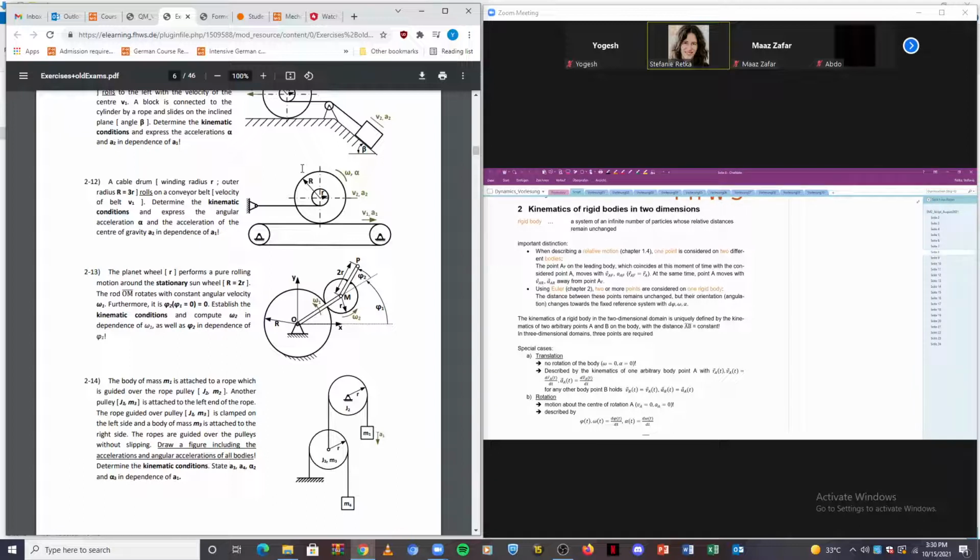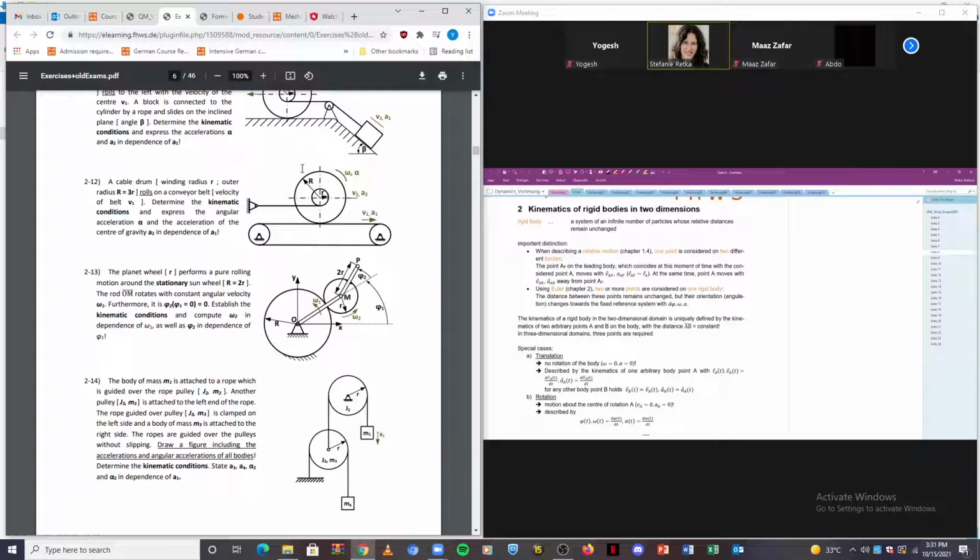So in chapter 1, what we did there, we described one point. In the example we just did, this point was the person. We described one point on two different systems, on two different bodies. First we described the point as rotating on the platform, and then we described this point walking along a straight line.